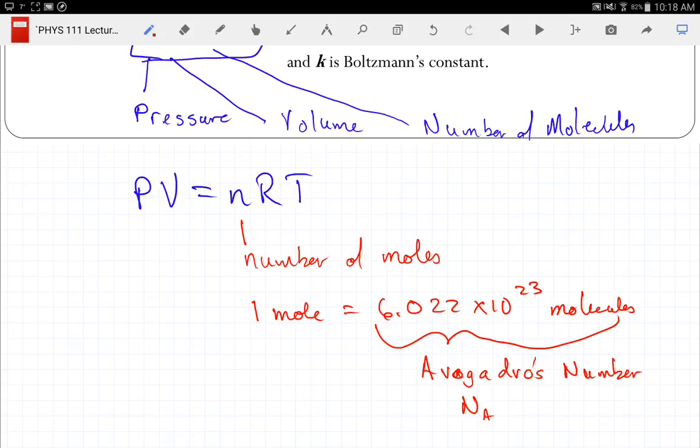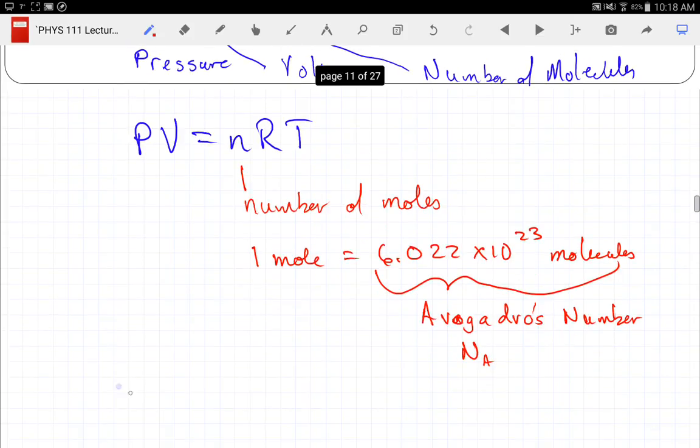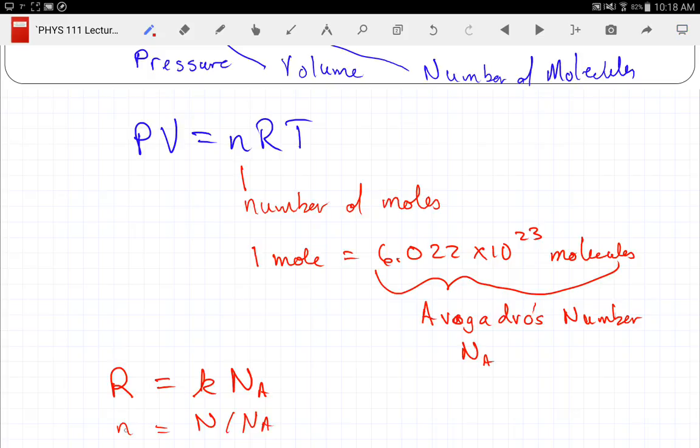So what is R? R is the ideal gas constant, defined as R equals K multiplied by Avogadro's number. So lowercase n is the number of molecules divided by Avogadro's number, and R is K times Avogadro's number.